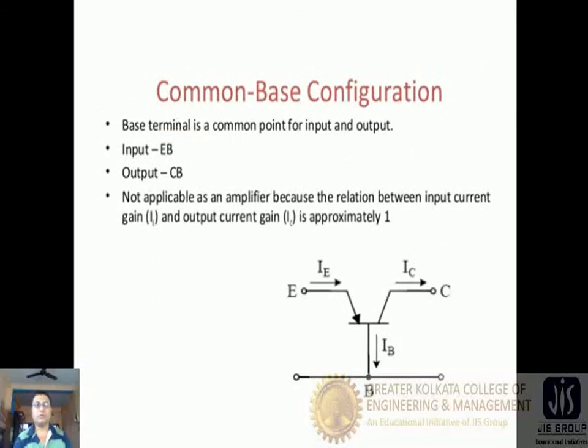In case of the common base configuration, the base terminal is the common point for both the input and output. The input is EB, that means emitter to base, and the output is CB, that means collector to base. In this way, we can connect the common base configuration of the circuit.